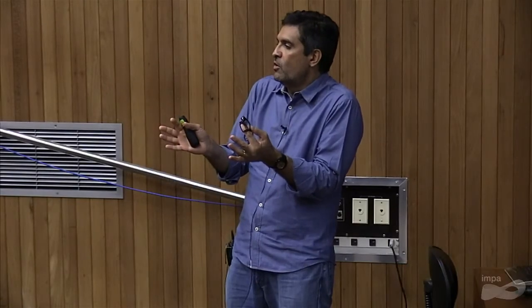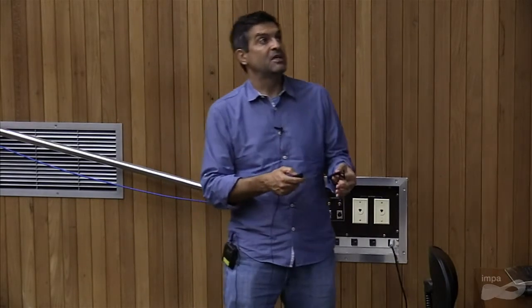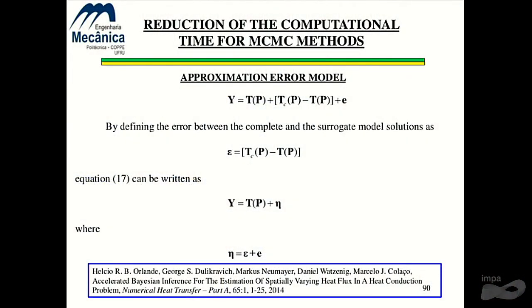You have to do your offline Monte Carlo, okay? So you start taking samples from the parameters, and then you compute the reduced model and the complete model. You compute a sample for epsilon. And then you do this for many samples.